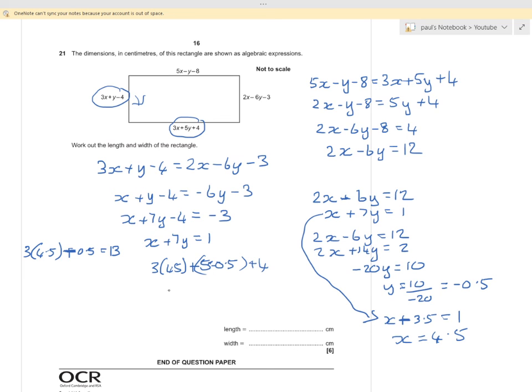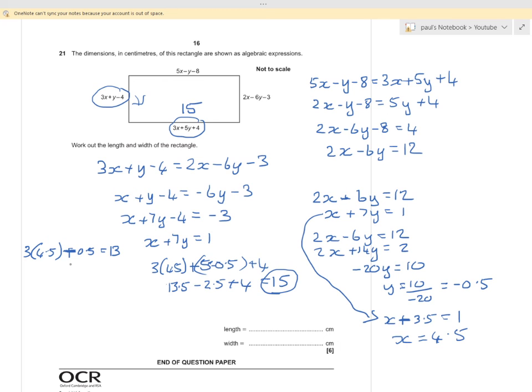So 3 times 4.5, 13.5. Might have to have another go at this. 5 times minus 0.5 is minus 2.5, plus 4. So minus 2.5 plus 4. I've got 15 equals 15.